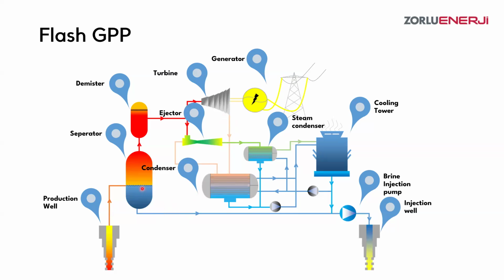According to your design, let's assume that you separated at a very high pressure value of your geothermal fluid. It means that it will also have a higher energy content in the liquid form after the separation.